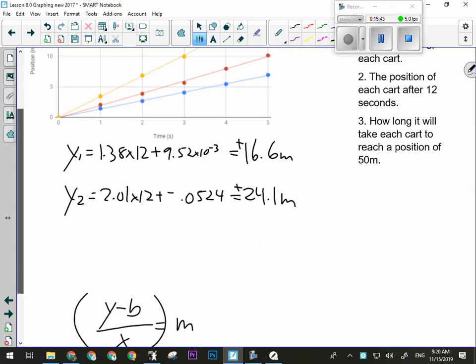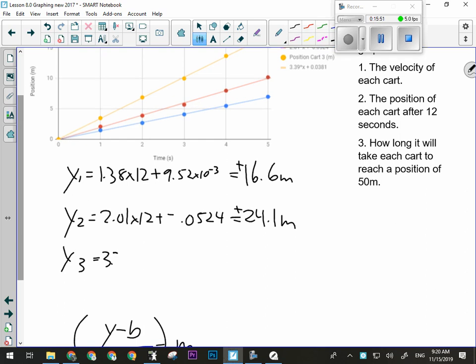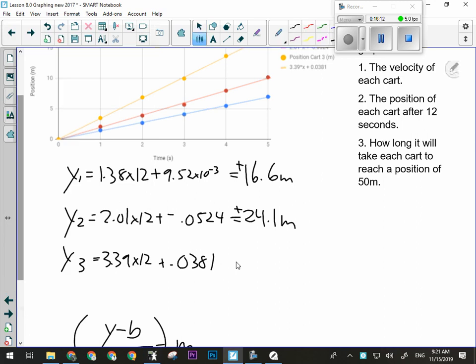And then y3, we're going to have 3.39 times 12 plus 0.0381. So its position after 12 seconds will be 40.7 meters. Everybody all right with that?